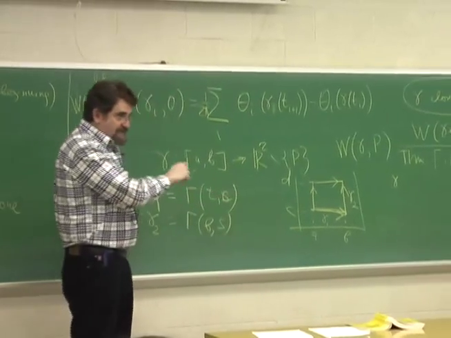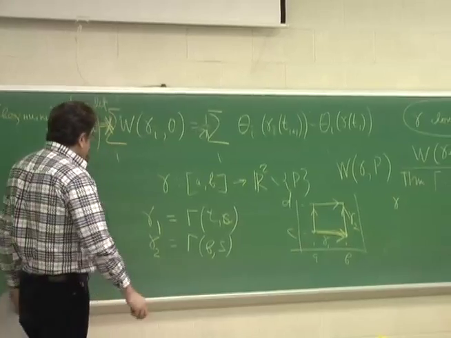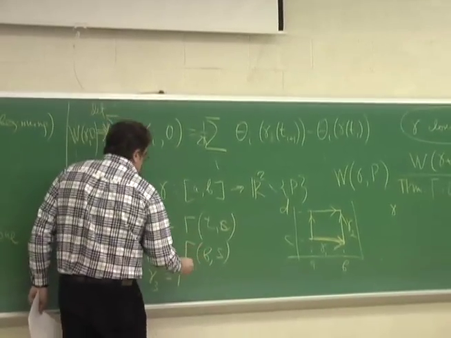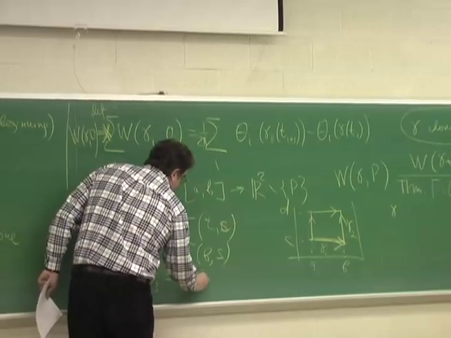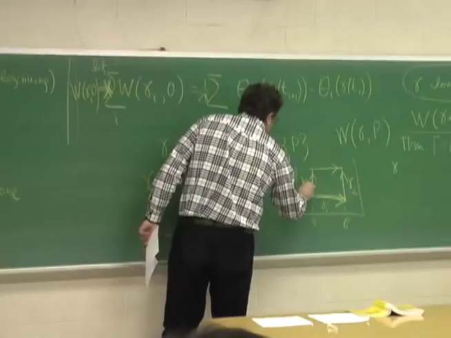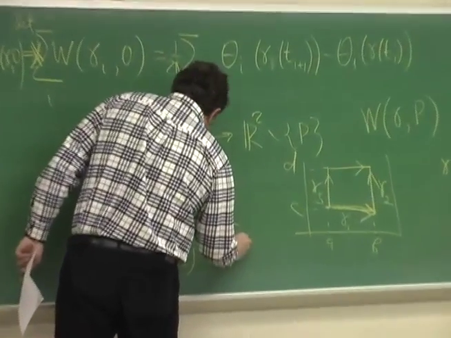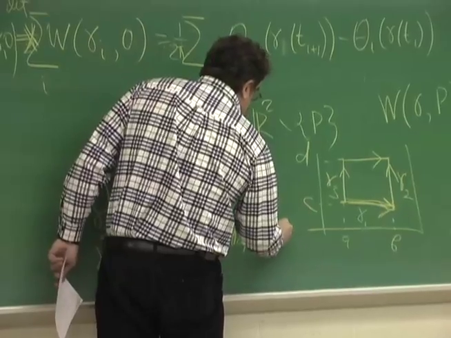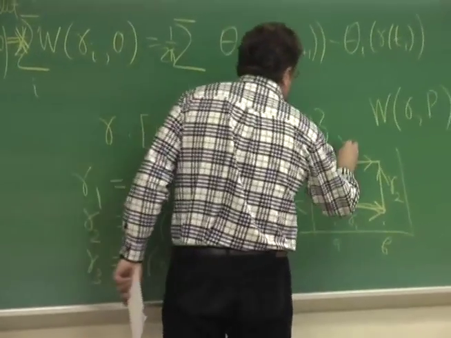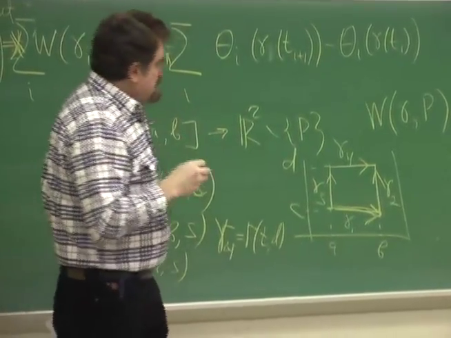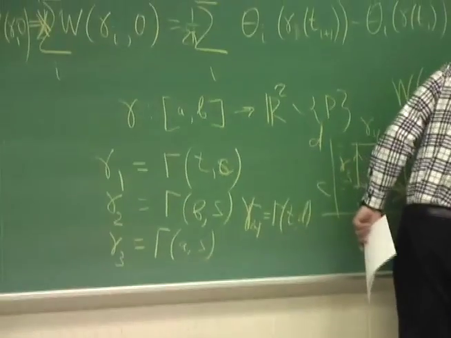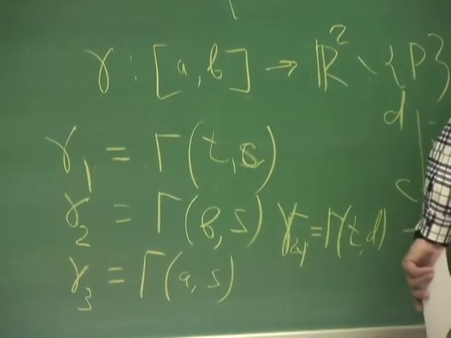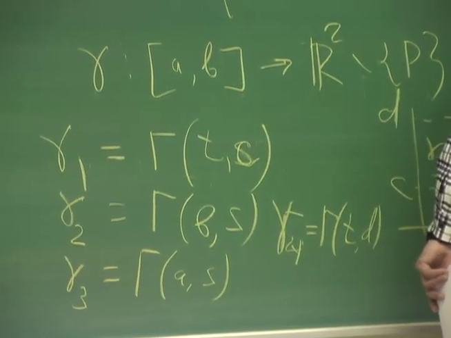Gamma 3 is gamma of A, S. And gamma 4 is gamma of T, D. So I will get 4 curves: gamma 1, gamma 2, gamma 3, and gamma 4.